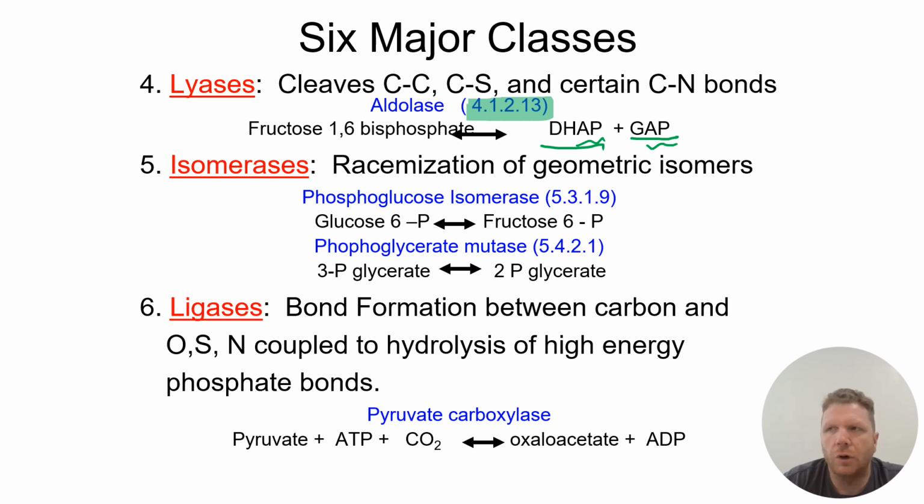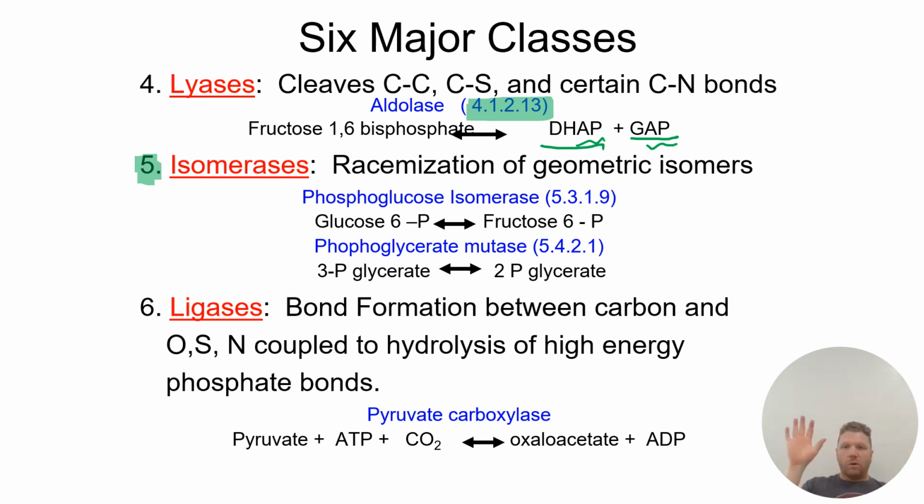I don't expect you to know the products or the specific structures of the products from this. I just want you to get a sense of, hey, you've seen these before because we previously talked about glycolysis. Now, our next group, which starts with a 5, are isomerases. Think about what an isomerase may do.